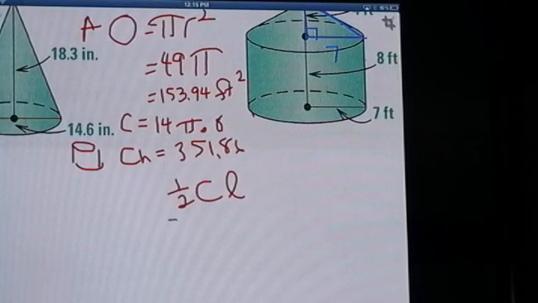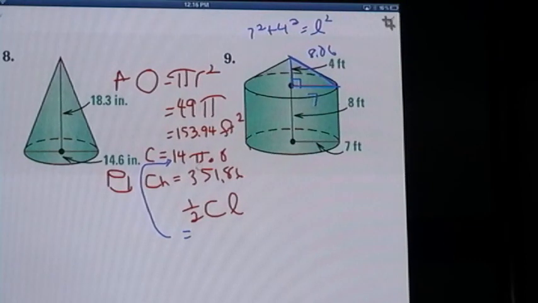So our circumference, which we already have from right here, 14 pi, so 14 times pi times, that's the circumference, times the slant height, which we said was 8.06. And then we have to take half of that.